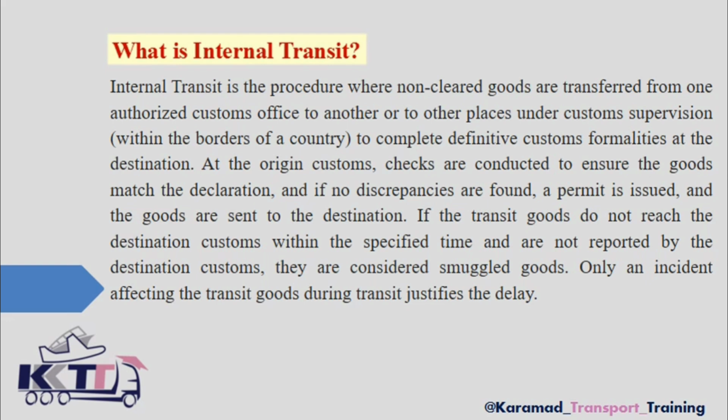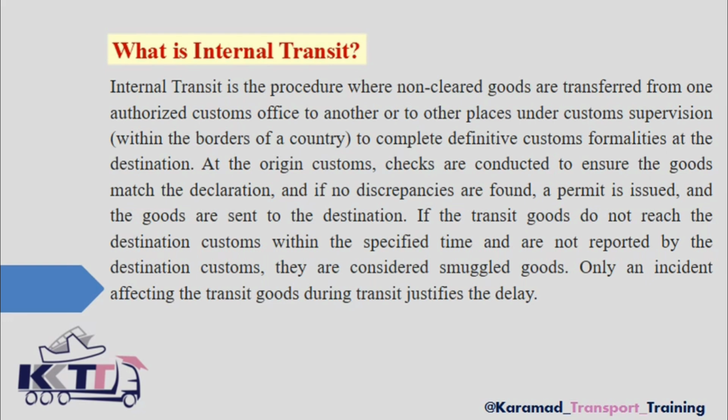But another point in this definition is that the goods have not cleared customs. What does that mean? It means goods for which the clearance procedures have not been completed. In this section, it also states that at the originating customs, inspections are carried out to match the goods with the declaration, and if there are no discrepancies, a permit is issued and the goods are sent to their destination.